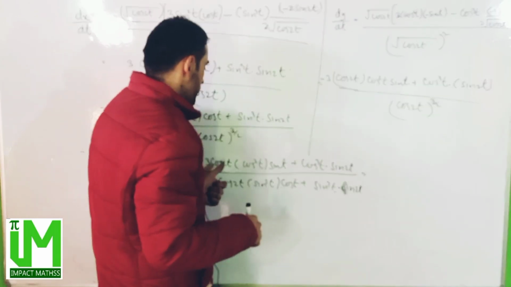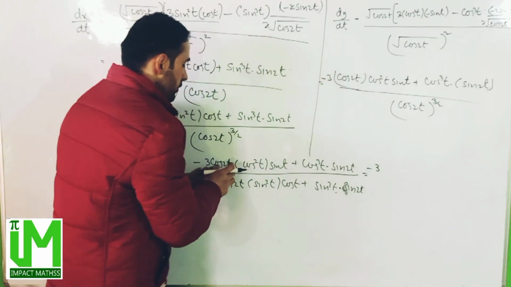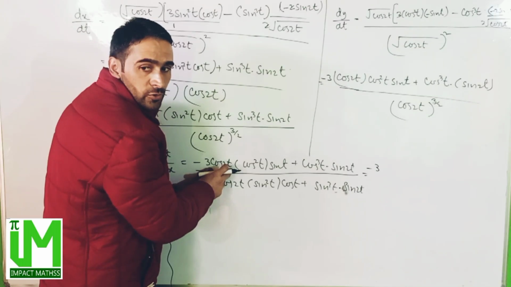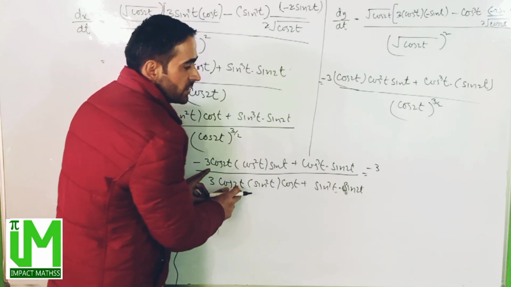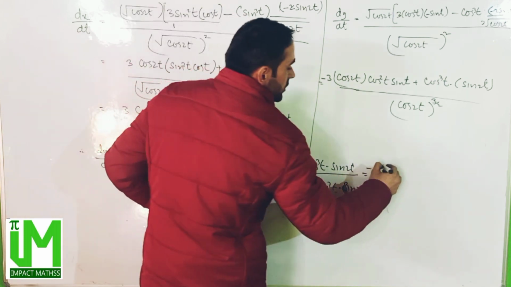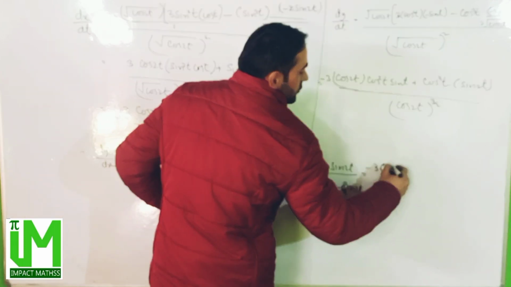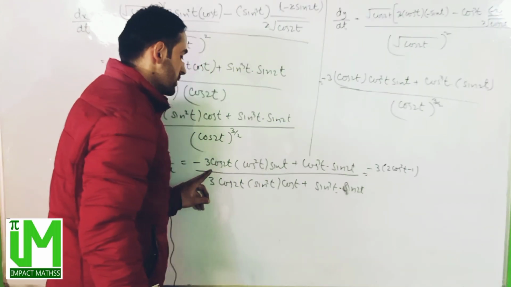If we simplify this, we can write minus 3 times cos 2t, and for cos 2t we use the double angle formula. Sin 2t is again a double angle formula. So cos 2t is twice cos square t minus 1.